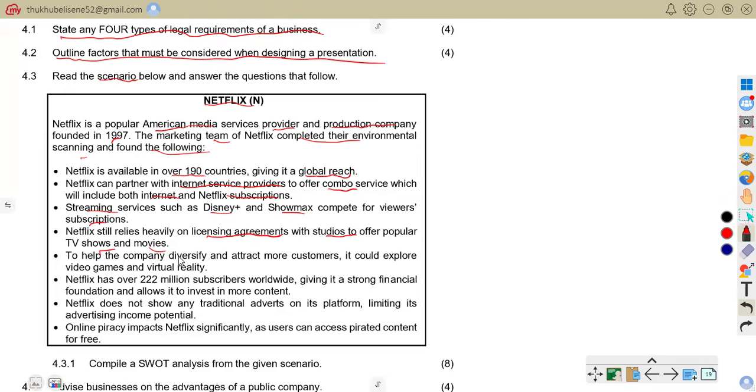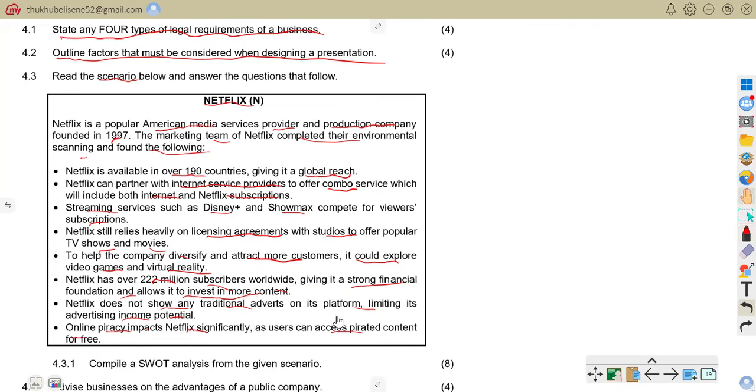To help the company diversify and attract more customers, it could explore video games and virtual reality. Netflix has over 202 million subscribers worldwide, giving it a strong financial foundation and allowing it to invest in more content. It also does not show any traditional adverts on its platform, limiting its advertising income potential. Online piracy impacts Netflix significantly as users can access pirated content for free.